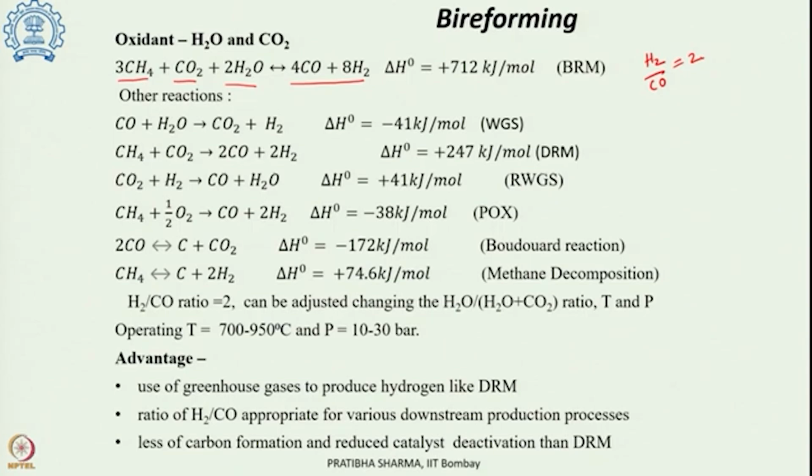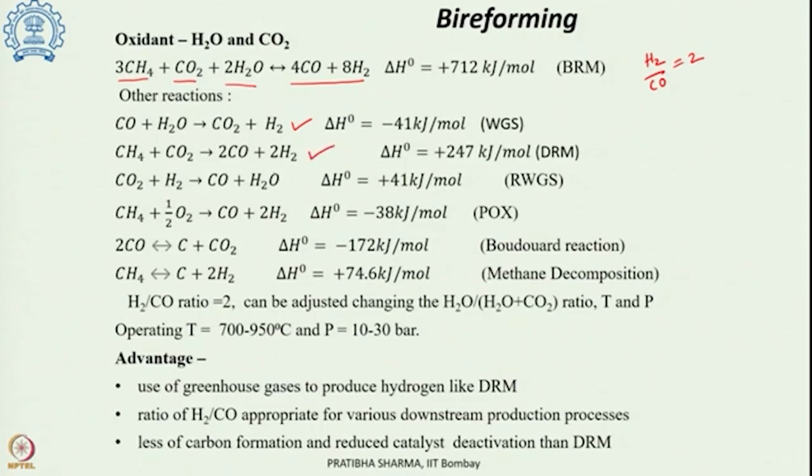Now this is the primary reaction which can occur in bi-reforming of methane. Other than that, there are several other reactions that can also occur. The reaction wherein carbon monoxide reacts with water, steam, to produce carbon dioxide and hydrogen, is the well-known process which we have seen earlier several times, the water gas shift reaction.